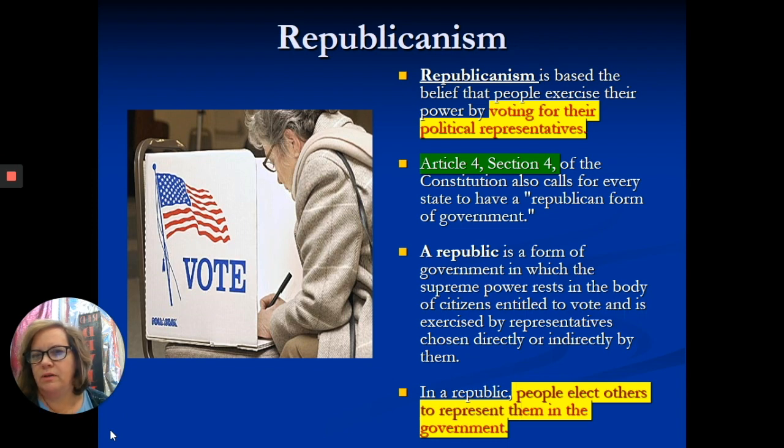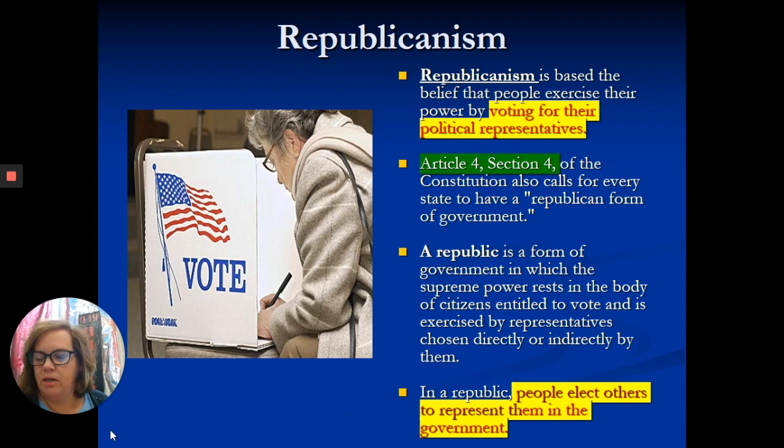Another principle of the Constitution is going to be republicanism. Republicanism is this idea of being able to vote for a representative. We have a very large democracy in the United States. And one of the concerns of the founders was, how were we going to operate with such a large republic?